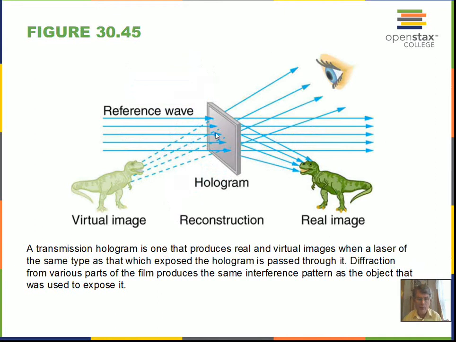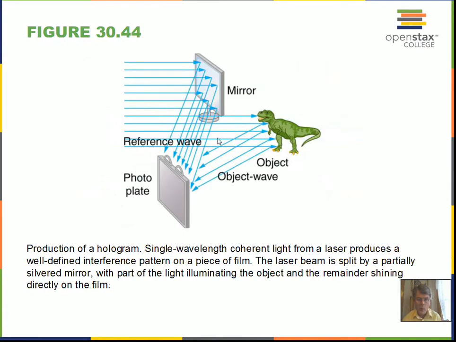So we have constructive and destructive interference here, and we get diffraction occurring on this complicated diffraction grating, the hologram, that was produced when we had constructive and destructive interference along here. Where there was constructive interference, the photographic plate was exposed; where there was destructive interference, there's no developing, no exposure of the photographic plate.